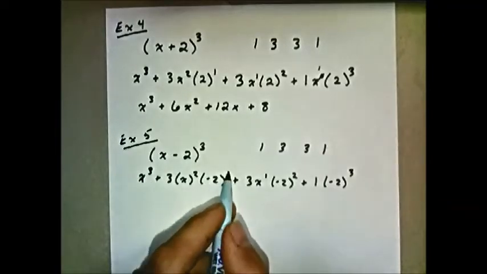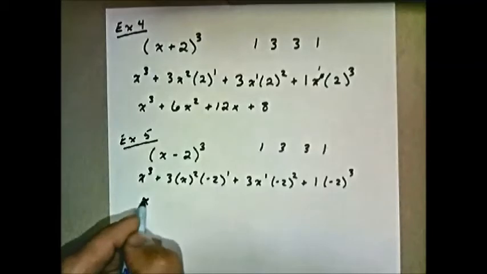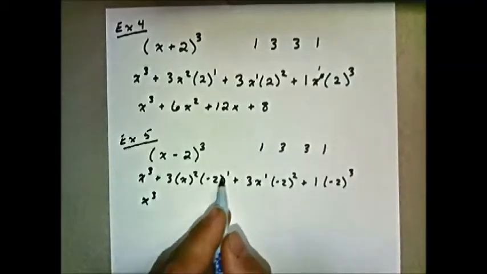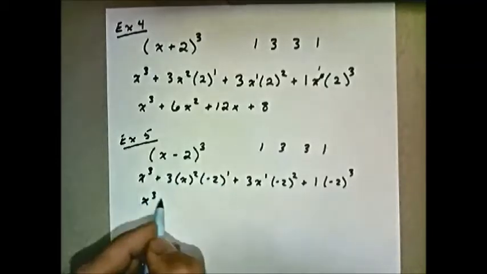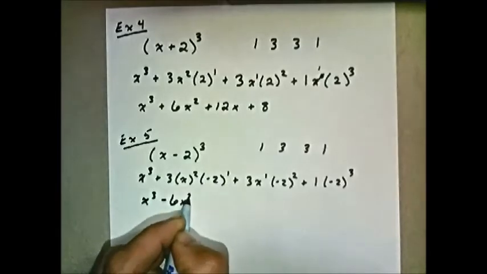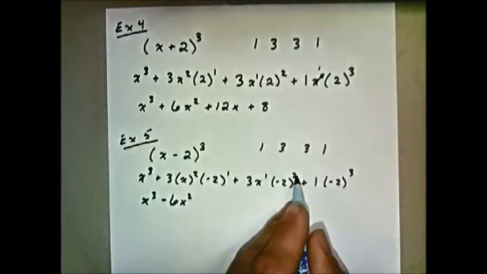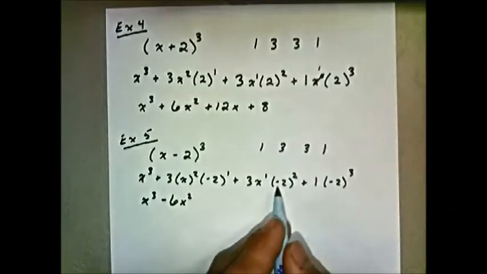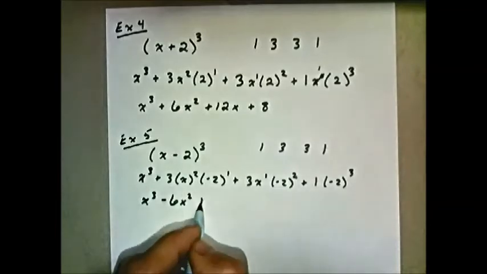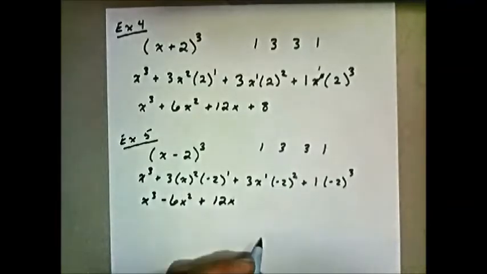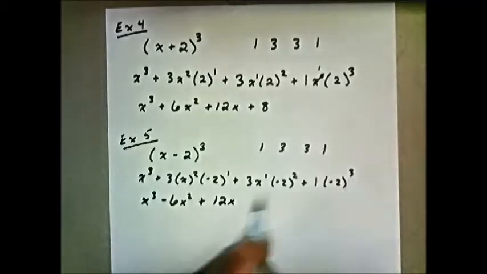Simplifying, notice we have our x to the third. We have negative 2 to the first, which is negative 2, times 3 gives us negative 6x squared. Negative 2 times negative 2, or negative 2 squared, is 4, times 3 gives us 12x. And negative 2 to the third gives us negative 8.